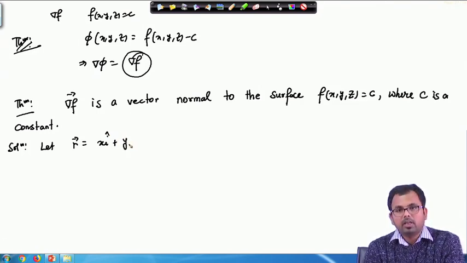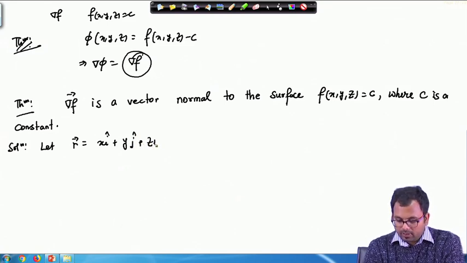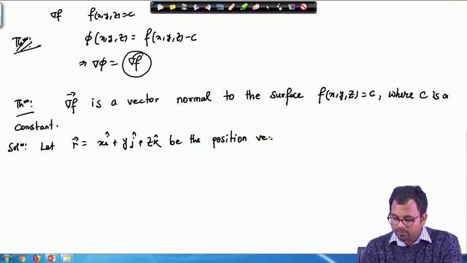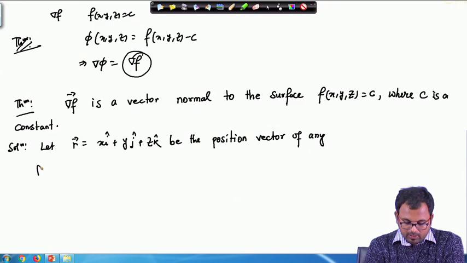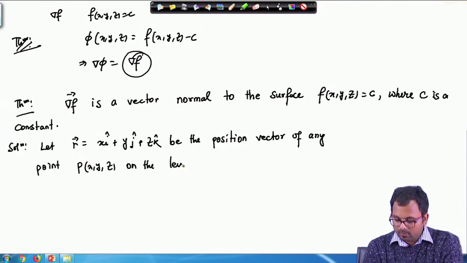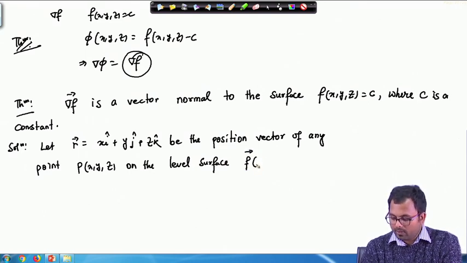As I have told you, whenever we write r in vector calculus, it is always the point (x,y,z). So, r is the position vector of any point P(x,y,z) on the level surface f(x,y,z) equals c. It is not a vector function.